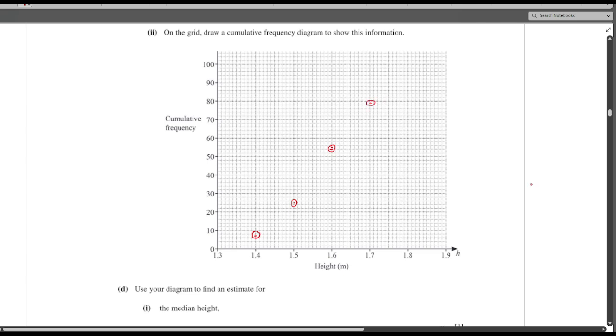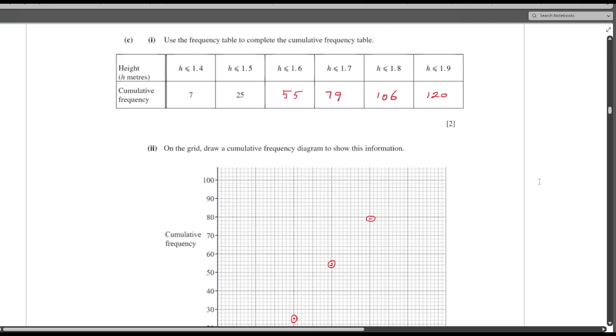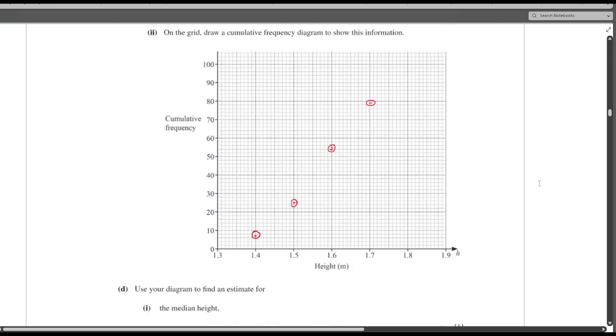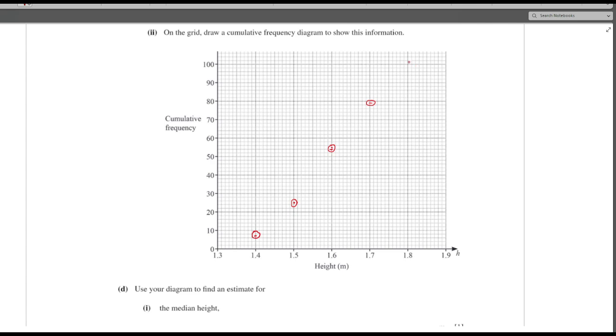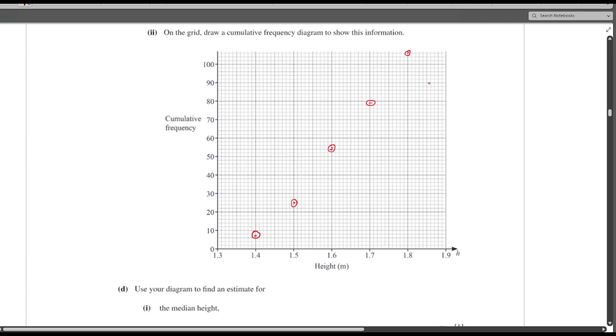This is the point. And then 106 and 120. So 106 will be somewhere near 100, and then for 1.9, it is 120, so maybe somewhere here.